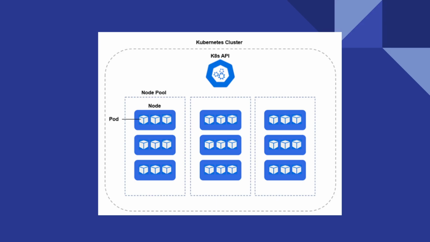So let's get a little bit more into what a Kubernetes cluster is. Within the Kubernetes cluster, you are going to have a node pool, possibly multiple node pools. And within each of those node pools, there are going to be nodes. You can see that it's something that just keeps on breaking down more and more.